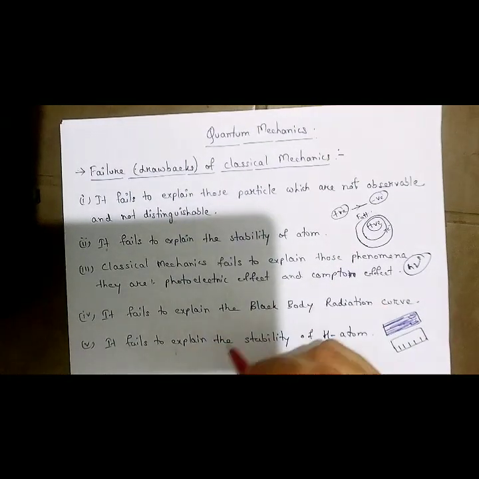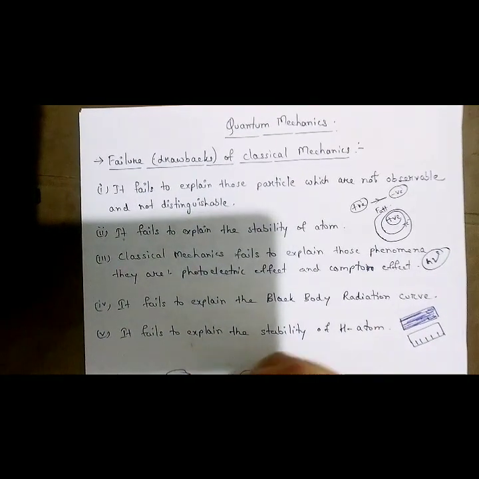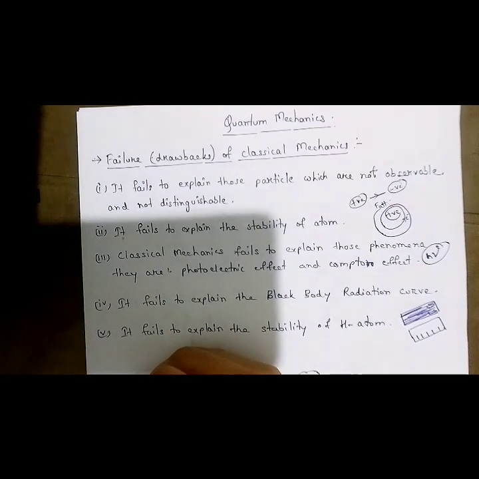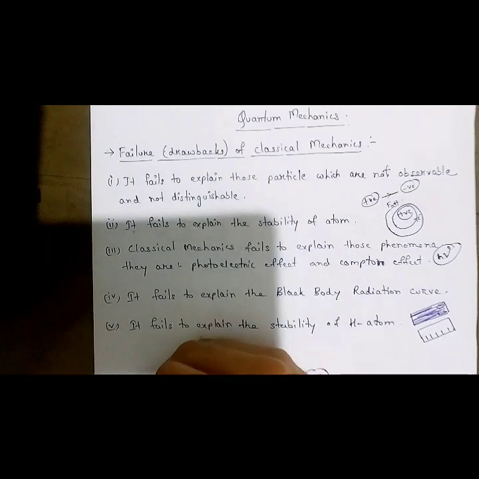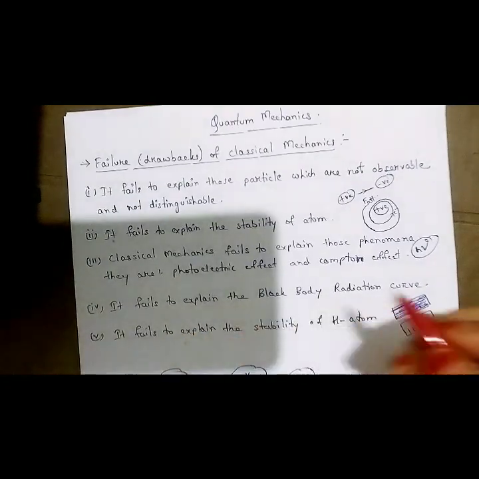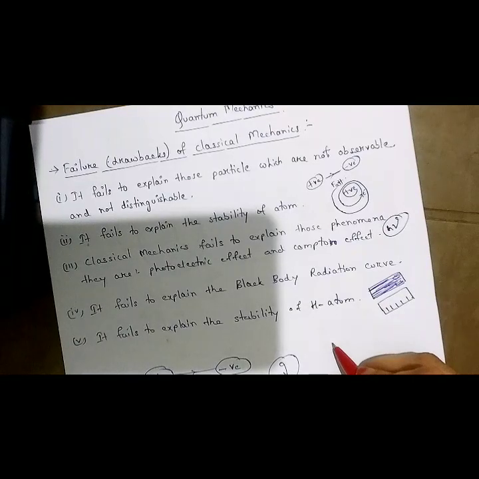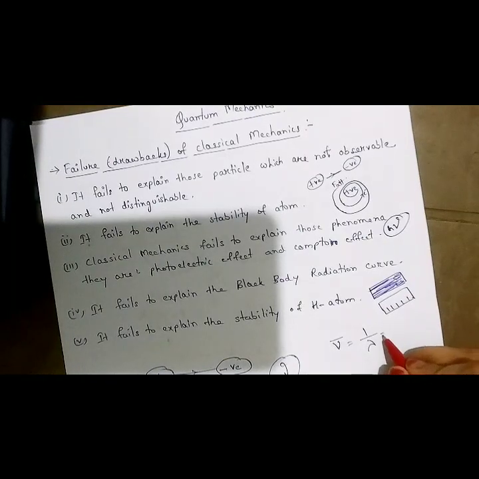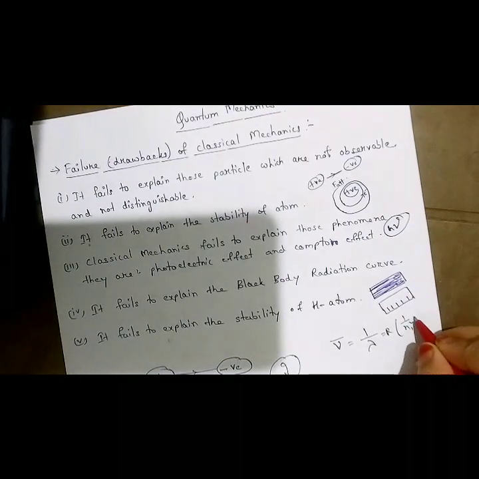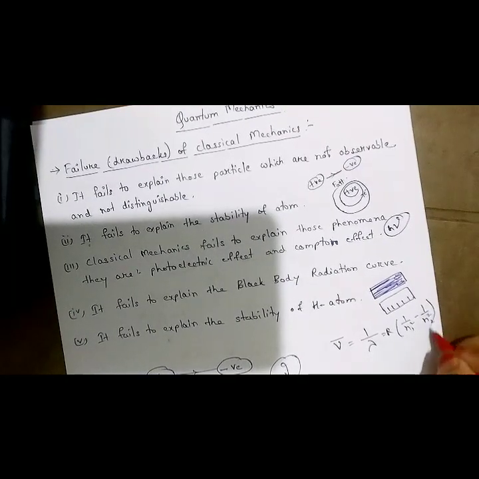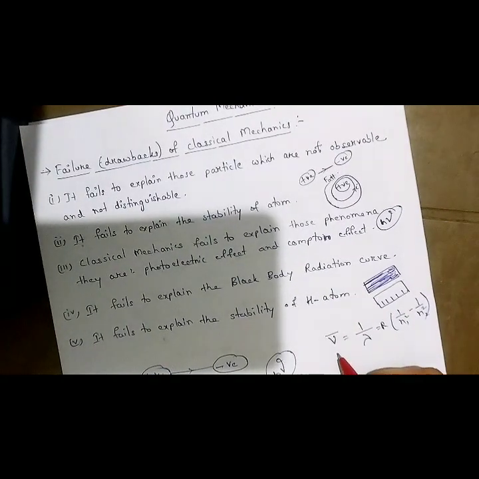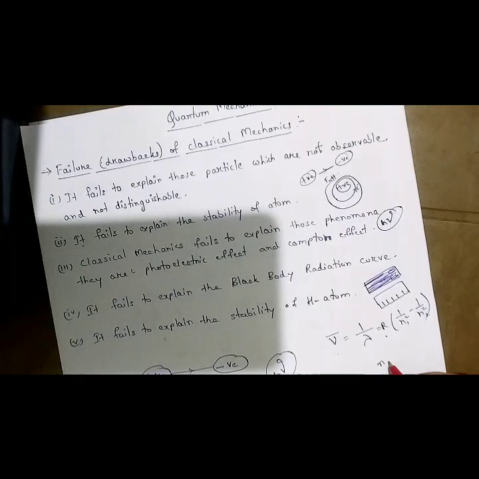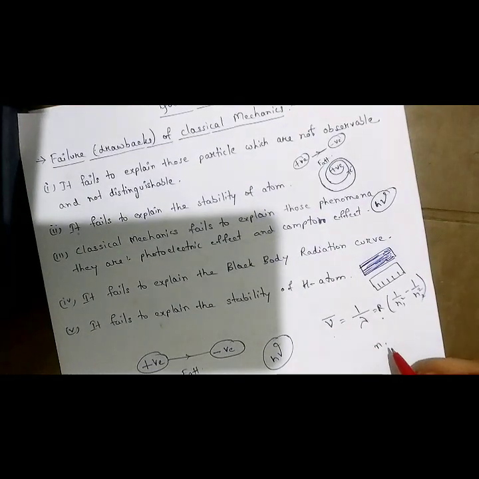They are represented by the wave number: v bar = 1/lambda = R(1/n1^2 - 1/n2^2), where v bar is the wave number, R is the Rydberg constant, and n1 and n2 are integers, where n1 is less than n2.